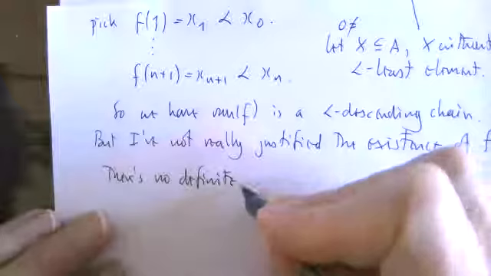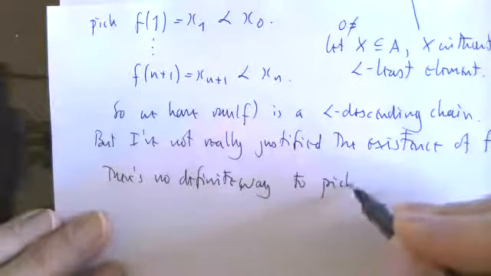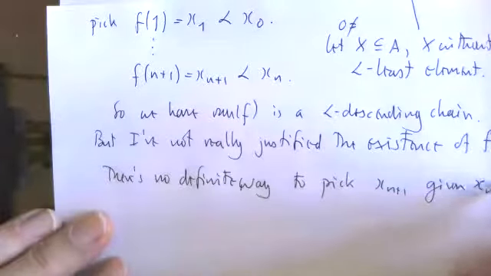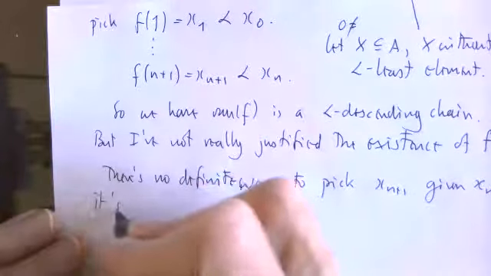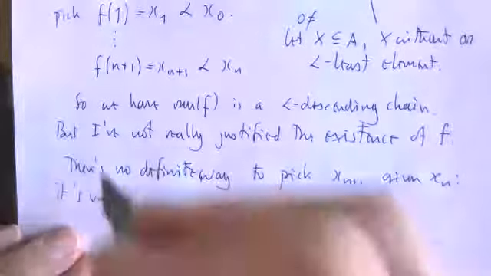So there's no definite way to pick xn plus 1 given xn. It's vague. So we can't use the recursion theorem here.